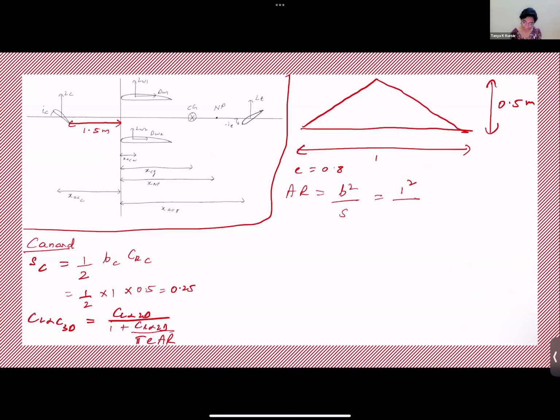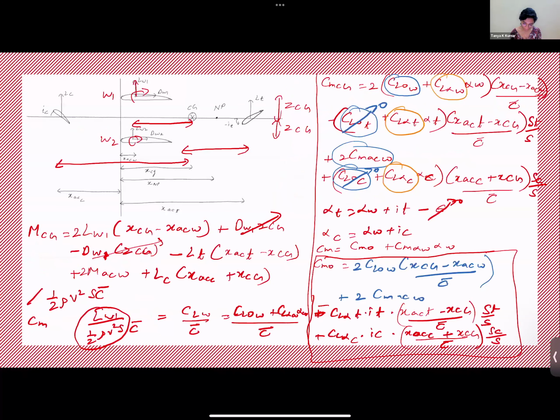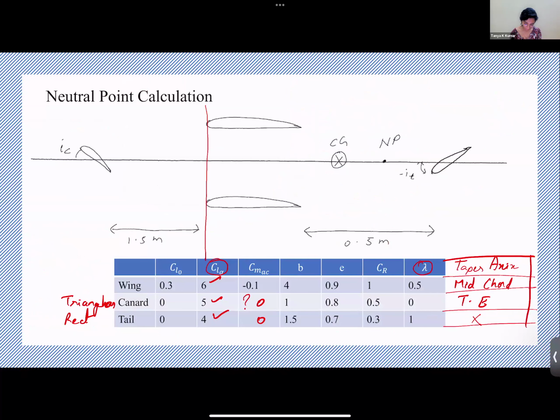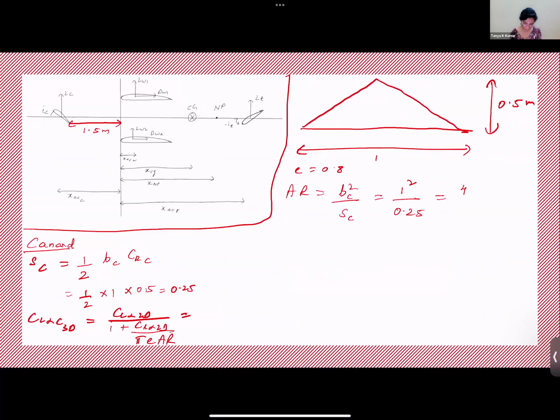So S, here it's SC. It's all for the canard. SC we've just found out is 0.25. So what is the aspect ratio? 1 by 0.25, which is 4. Aspect ratio is 4. So just substitute the values. CL alpha canard is 5. So 5 by 1 plus 5 by pi into 0.8 into 4.